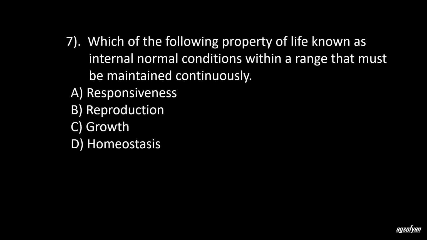So this condition, internal condition, like our blood pressure, it has to be certain number, maybe between 115 to 120, over 80 to 70 to 90, for example. And our body temperatures around 95 to 98. That thing, the internal body condition that has to be maintained is called the homeostasis. Okay, homeostasis.